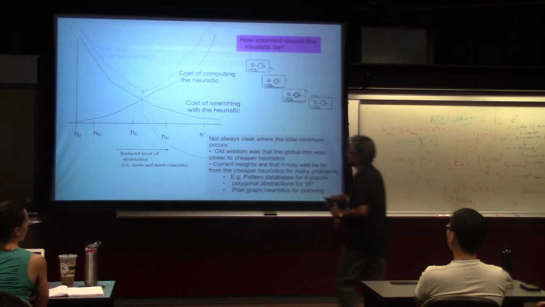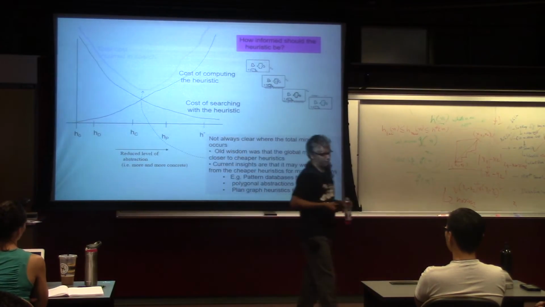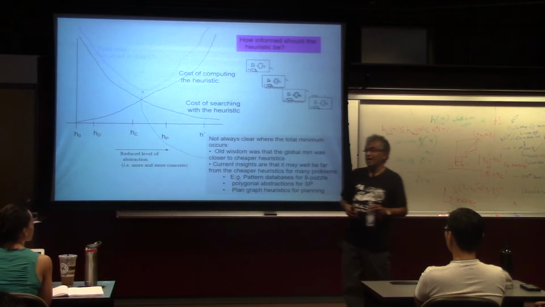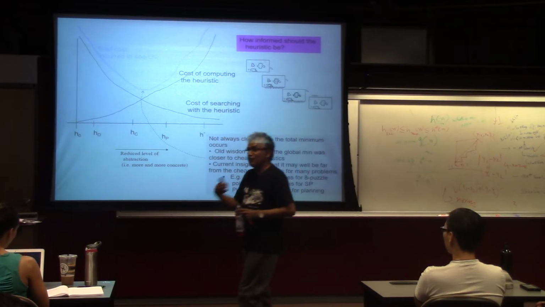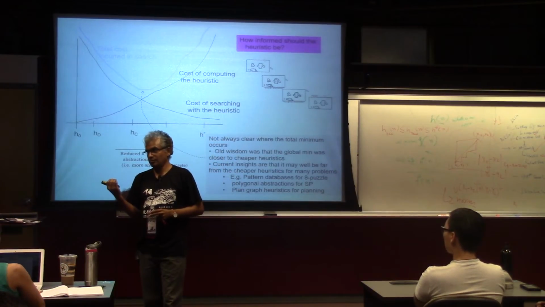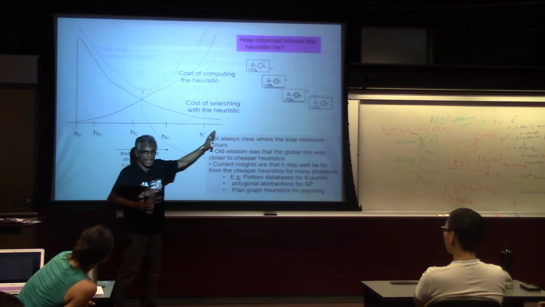Remember, since I'm only talking about admissible heuristics, optimality is a given. When I'm done, an optimal solution is a given. The real question is, of all the optimal searches, which one is going to be more efficient? The question then is, which of these heuristics should I be picking?